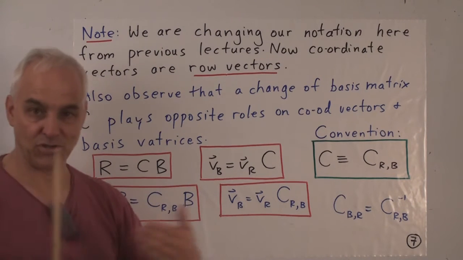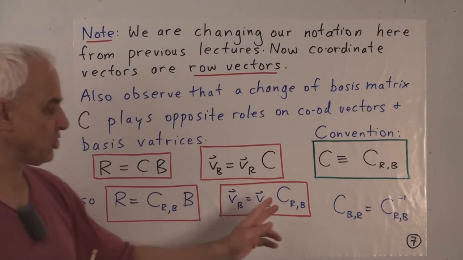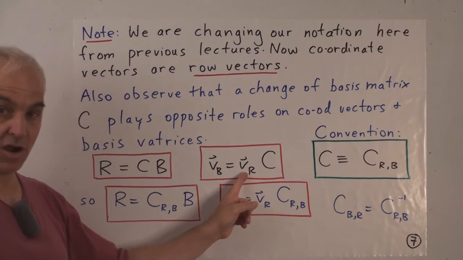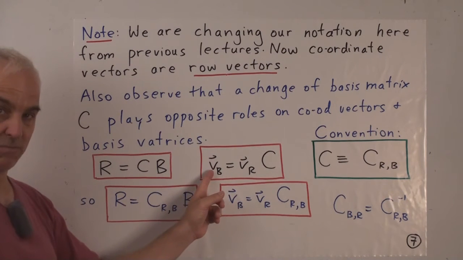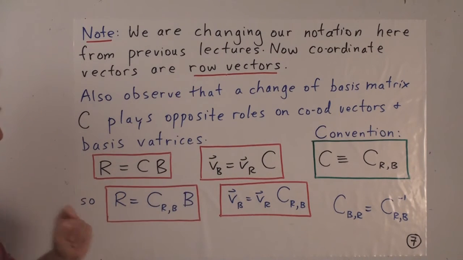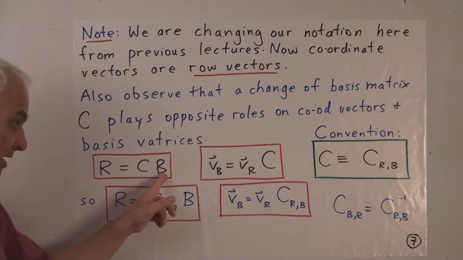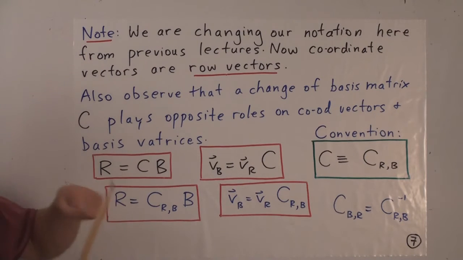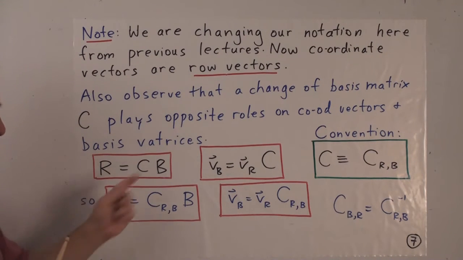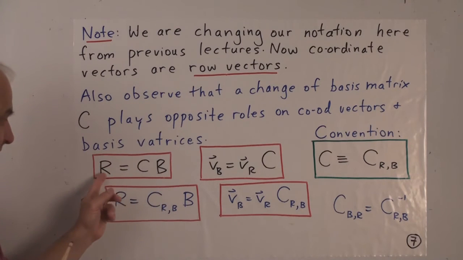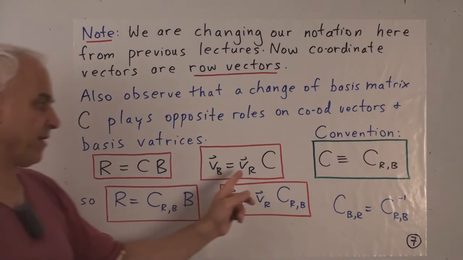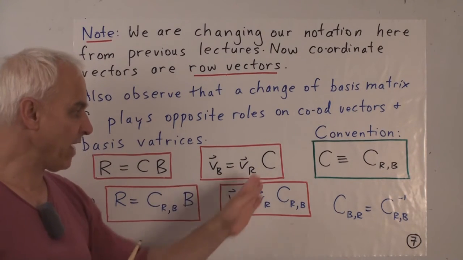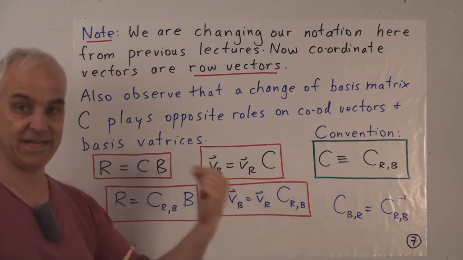So there's a two-way interpretation. This change of basis matrix tells us how to convert a coefficient vector with respect to R into a coefficient vector with respect to B. On the other hand, it also tells us how to convert the basis B to the basis R. If we do want to go the other way around, if we want to express the basis B in terms of the basis R, or the coefficient vector V sub R in terms of the coefficient vector V sub B, we have to multiply both of these equations by a C inverse.